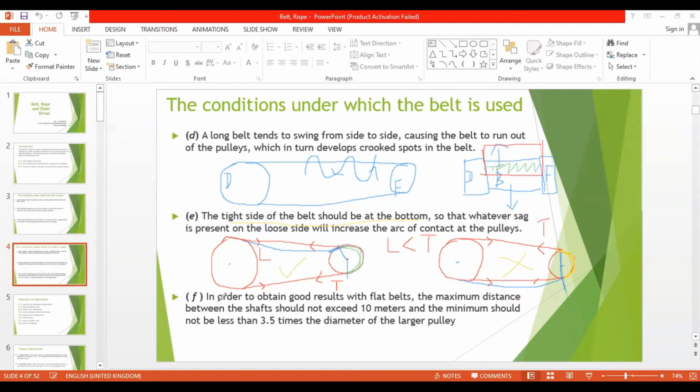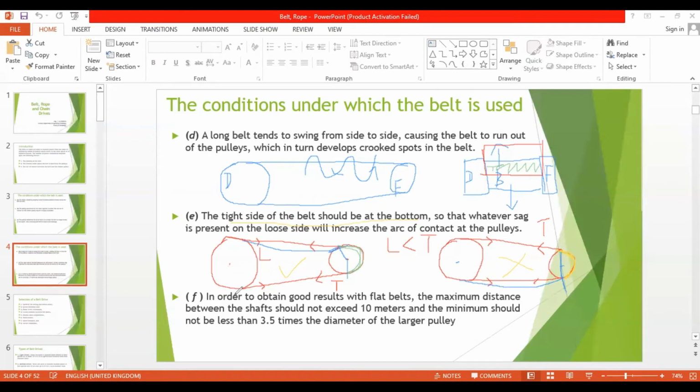Then next point, in order to obtain good results with flat belts. So these are flat belts. There are different types of belts: flat belt, V belt, round belt. We'll go for them. So in order to obtain good results with flat belts, the maximum distance between the shafts should not exceed 10 meters and the minimum should not be less than 3.5 times the diameter of the larger pulley.